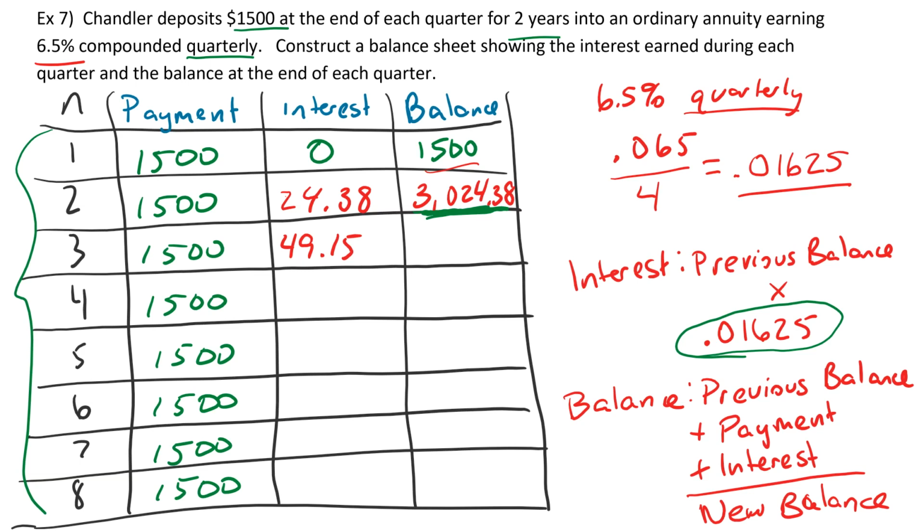Time to get the new balance. To get the balance, you take the previous balance, the payment, and the interest. Add those three together, and you'll end up with $4,573.53.